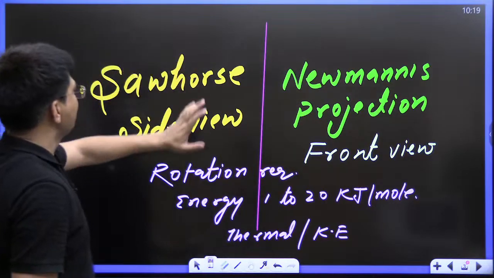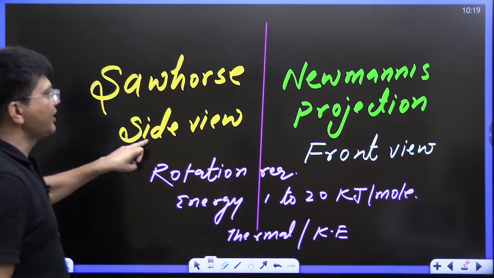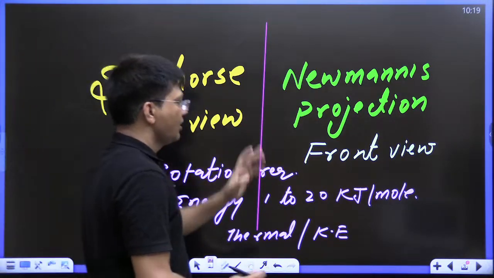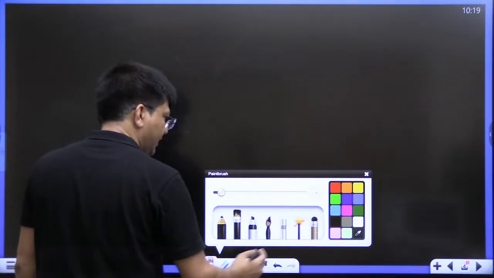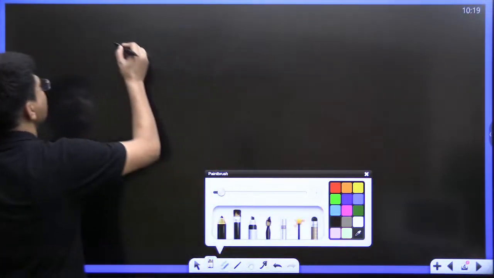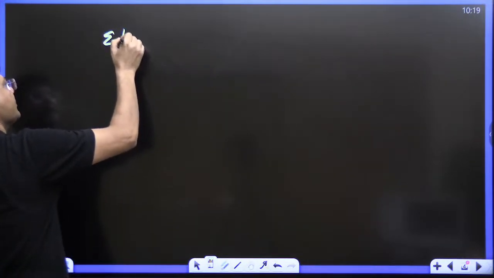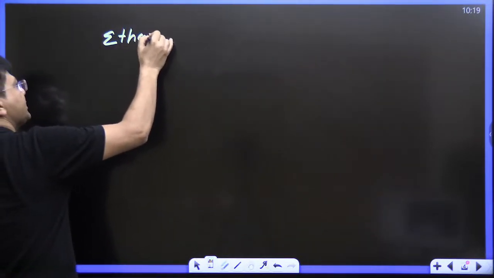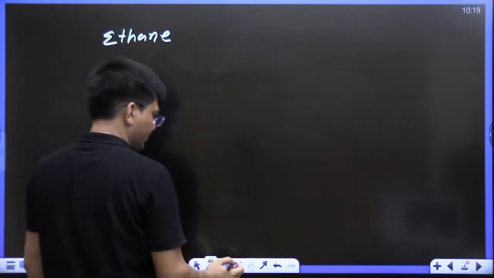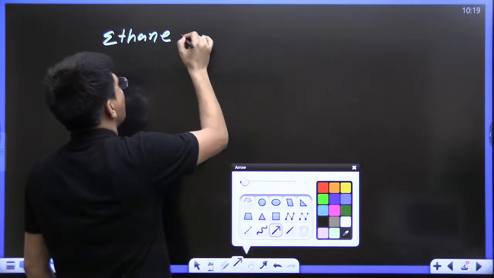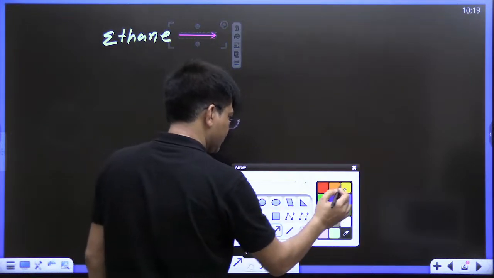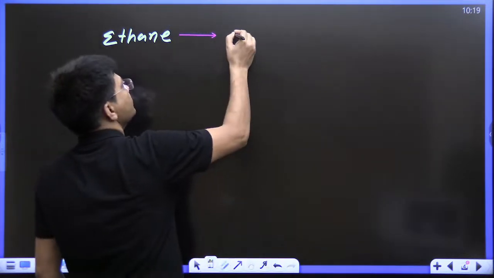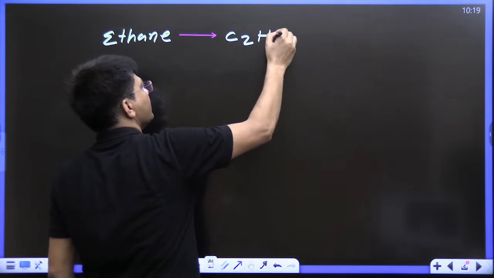Everyone, this I was telling you, he has seen the side view and he has seen the front view. Let me tell you, this is your ethane. When we were in class 9th, we were writing ethane like this. Afterwards, in class 10th, we saw ethane as C2H6.